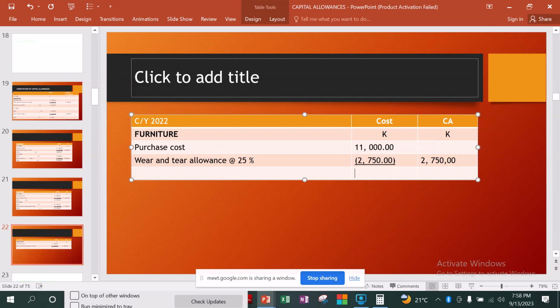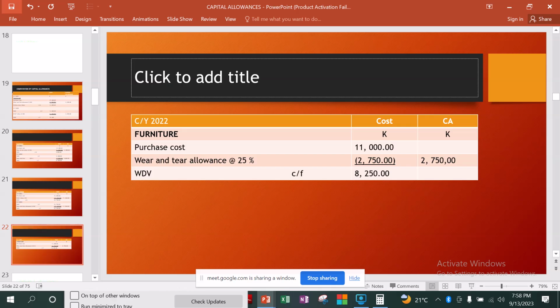The difference, 8,250. So this is written down value, which will be carried forward. Okay, so that's what we have in terms of that particular question.